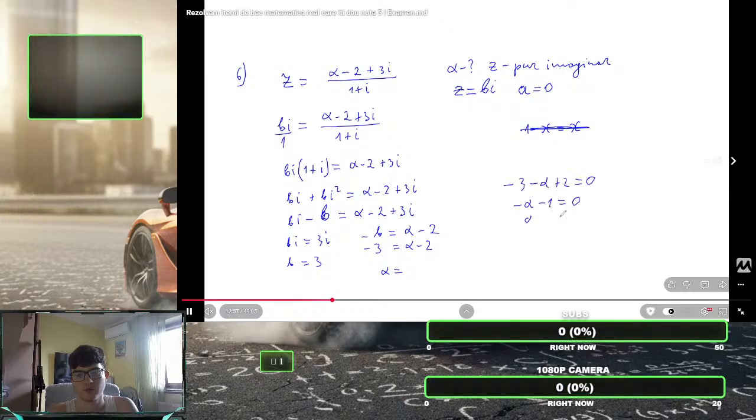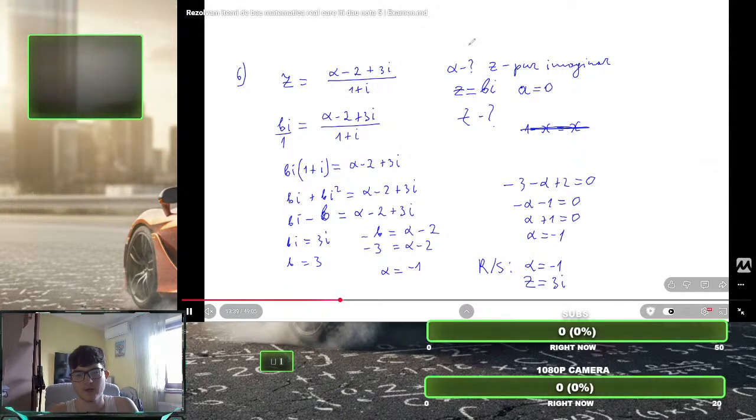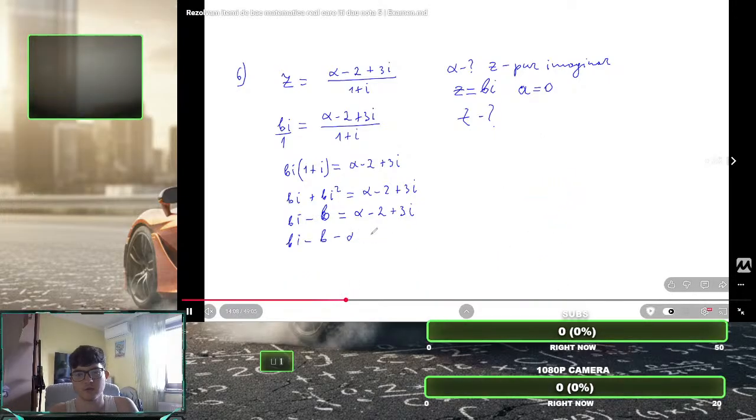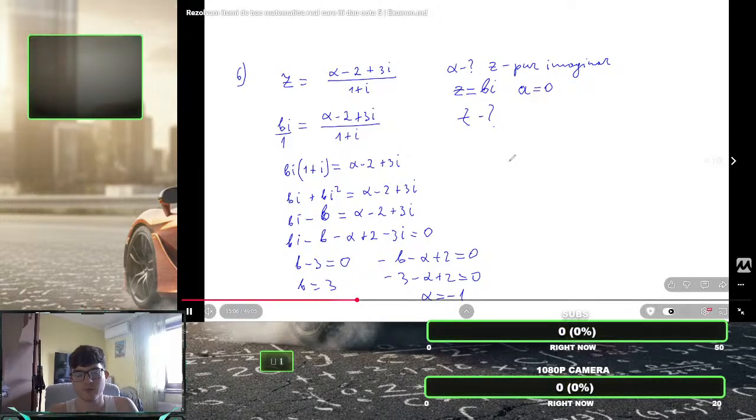Should be 1. Actually -1, yeah. So -1, that is the alpha, and z is that. Another way has been shown. Whatever, I'll just work from here.